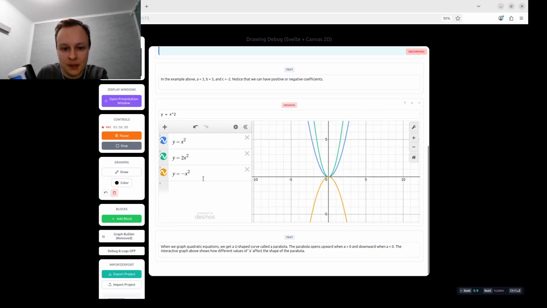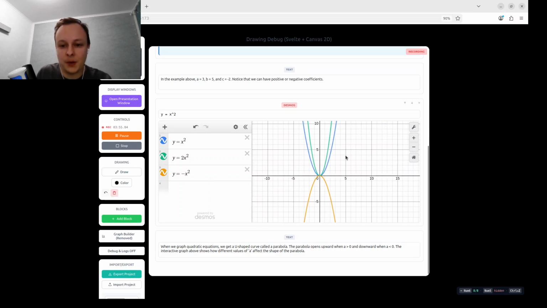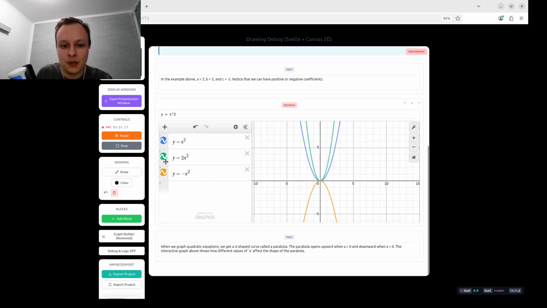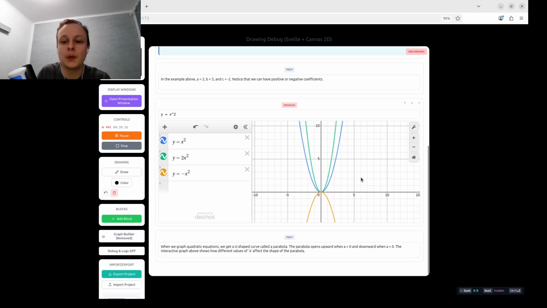Here we can see examples of negative and positive parabolas, and also the green one shows how the coefficient changes our parabola, and we can see that if we add a constant of 2, our y coordinate grows faster compared to the blue one.